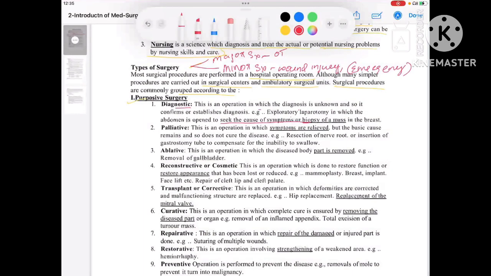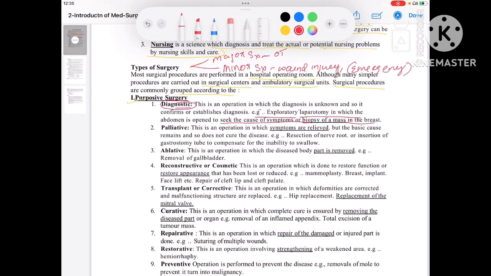We don't know the reason or the problem, so we do the diagnostic surgery to confirm it.